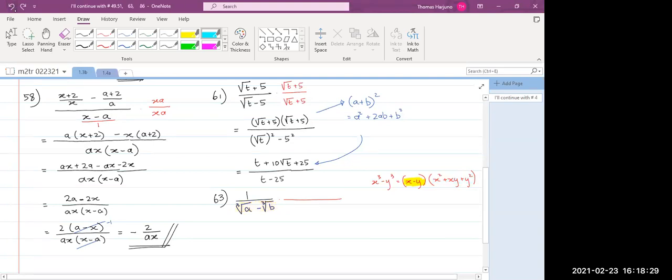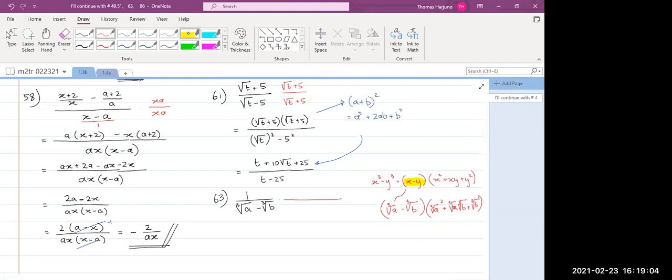Suppose x is cube root of a and y is cube root of b, then x squared will be cube root of a being squared, right? Because x is cube root of a and y is cube root of b, and y squared will be cube root of b squared.